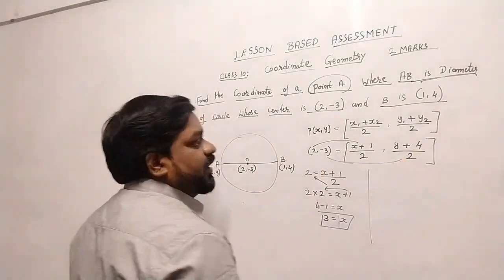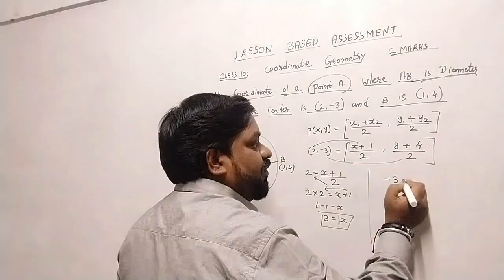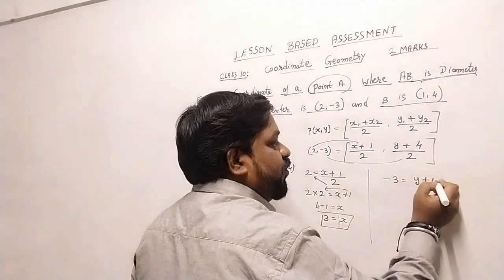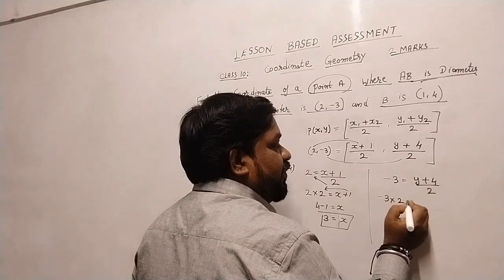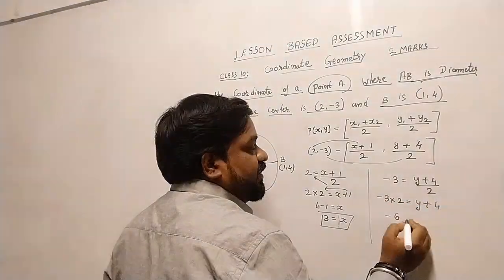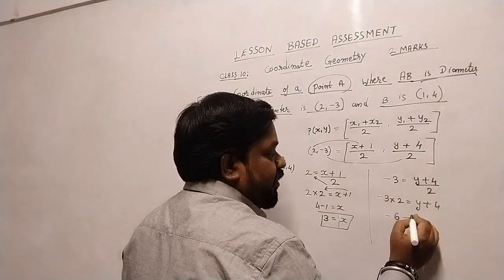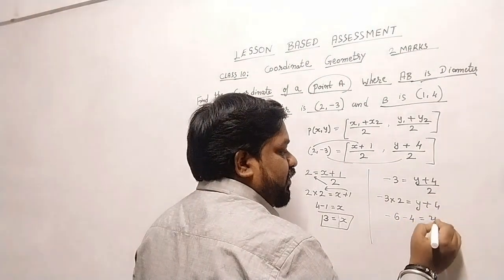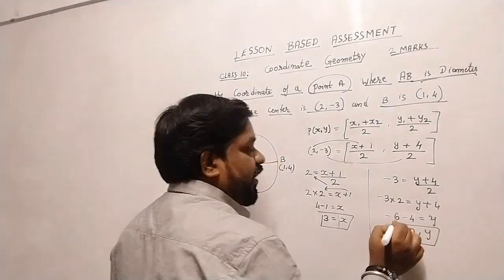Now similarly, take the y coordinate. Minus 3 equals y plus 4 divided by 2. Minus 3 into 2 equals y plus 4. 3 twos are minus 6. And this plus 4, if you shift, you will get minus 6 minus 4 equals y, minus 10 equals y.